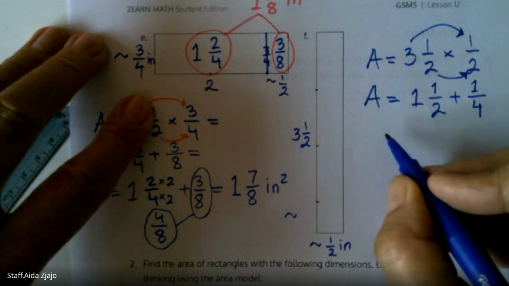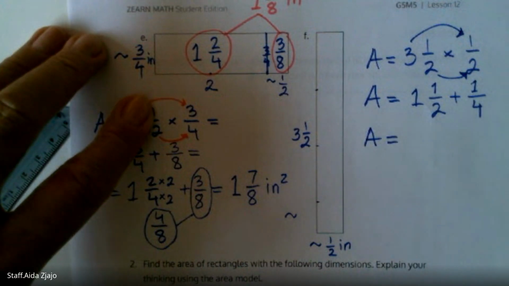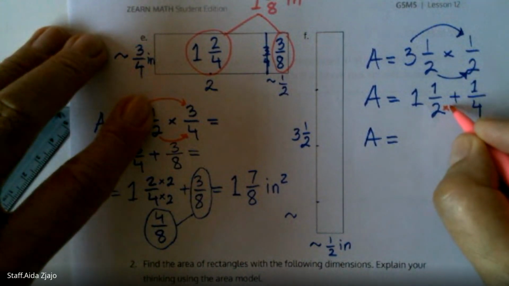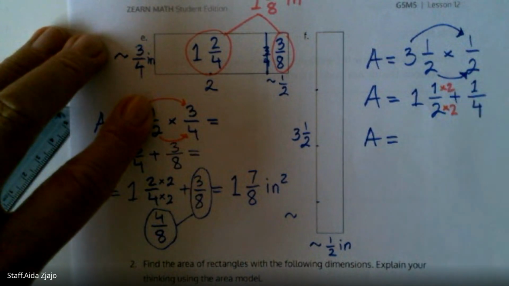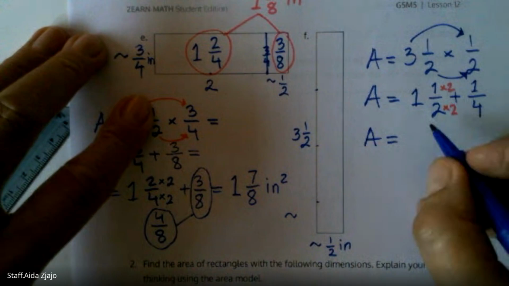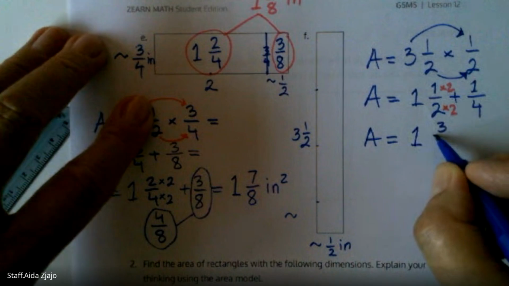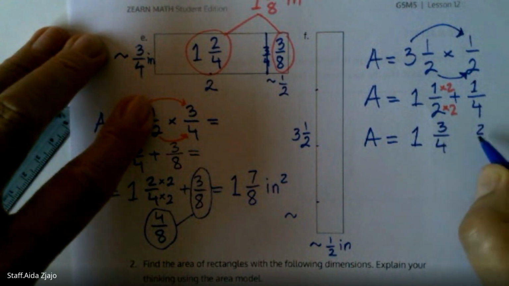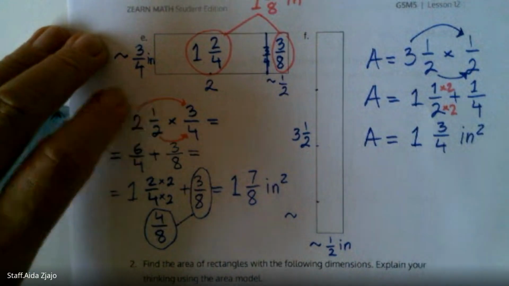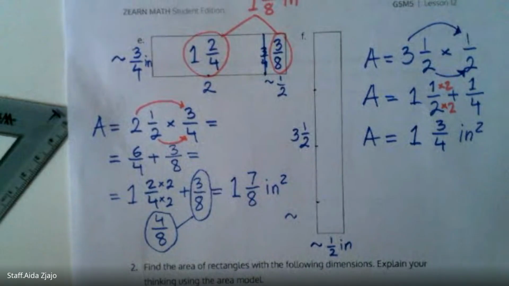So now when you add that together, I need to change 1/2 into fourths, times 2. So that becomes 2/4, and 1 more fourth, it's 3/4. So 1 whole and 3/4 square inches.